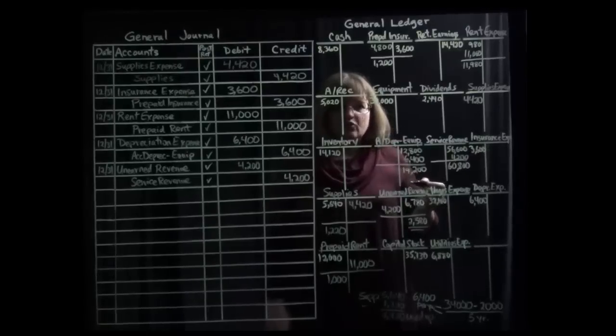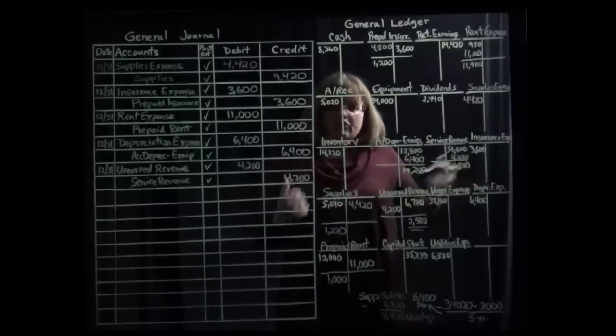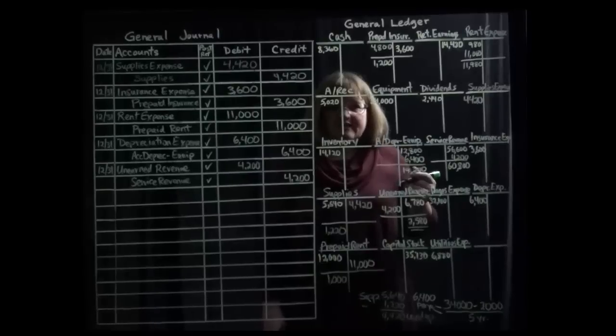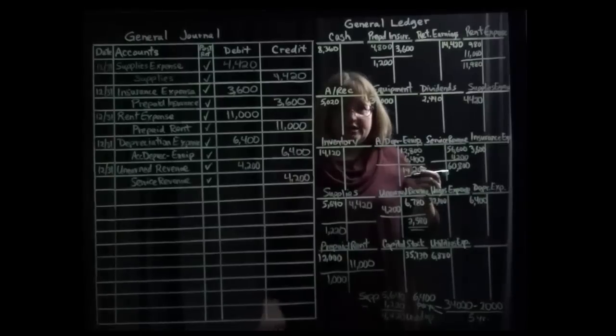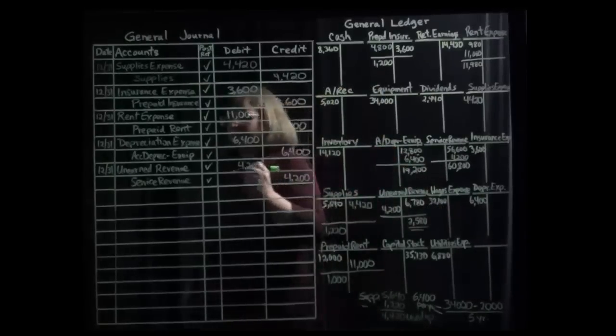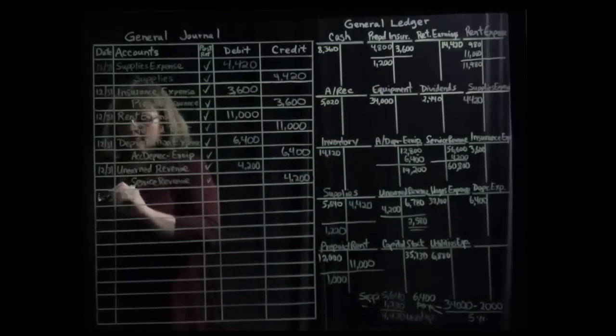We're also given information about wages. It tells us that the workers have worked additional time since the last payday before the end of the year. They've earned another $2,970. And so that's an example of an accrued liability. So we need to record the fact that we have incurred an expense for that time worked.